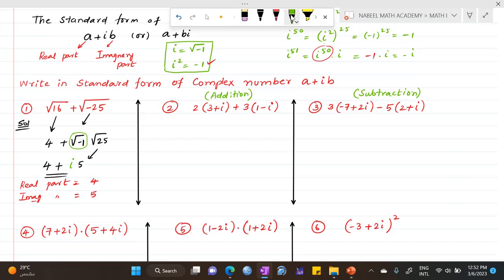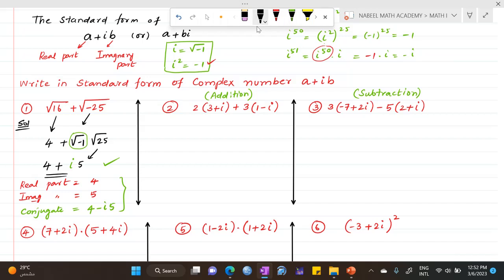And the conjugate is just you have to change the sign of the imaginary term. So here 4 plus 5i, so I write it as 4 minus 5i. So this is the real, imaginary and conjugate of the complex number. If the question is asking, you can write it. If it is not asking, you can stop at the standard form of a complex number.